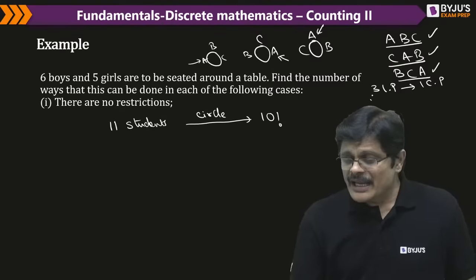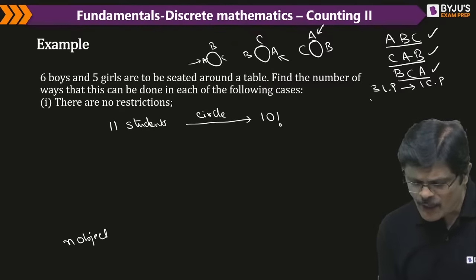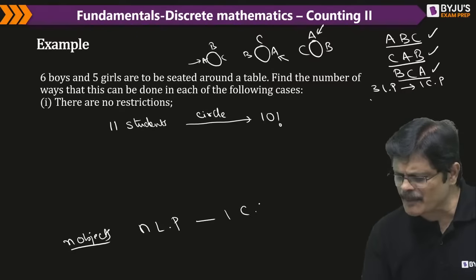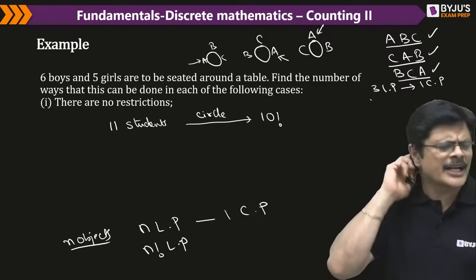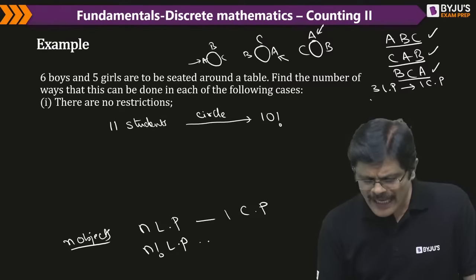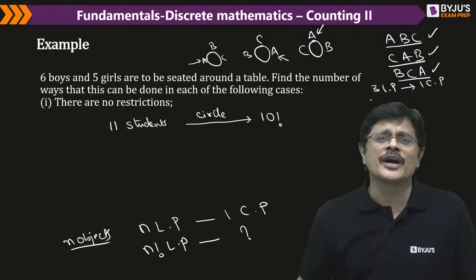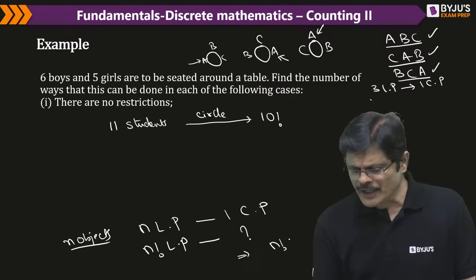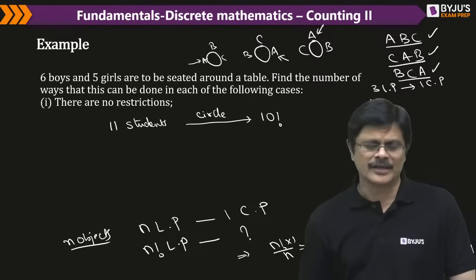Similarly, if you have n objects, n linear permutations give you 1 cyclic permutation. So for n objects, there are n factorial linear permutations. So for n factorial linear permutations, how many cyclic permutations do you have? That is n factorial into 1 by n, which is n minus 1 factorial.